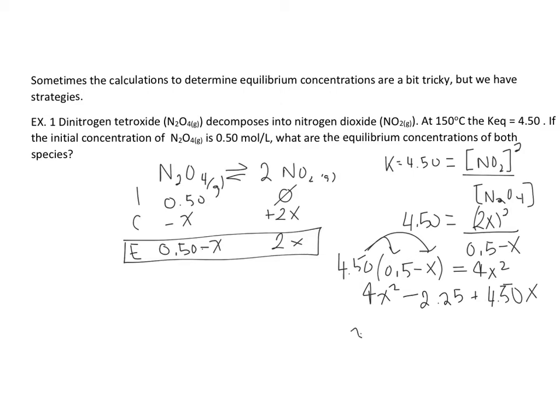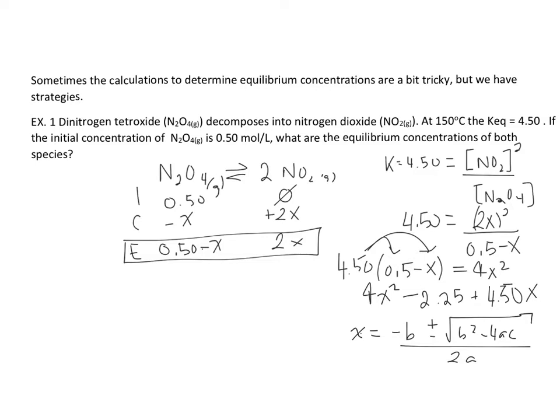So x is going to be equal to negative b plus or minus the square root of b squared minus 4ac, all over 2a. So b is 4.5.